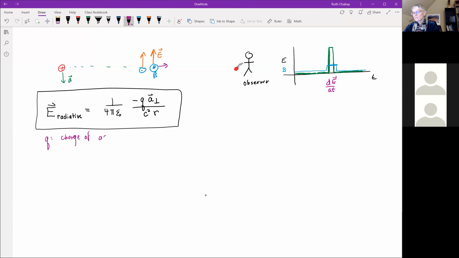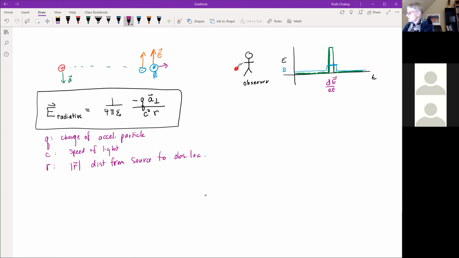C, that's just the speed of light. R, that's our familiar r, distance from source to the observation location.